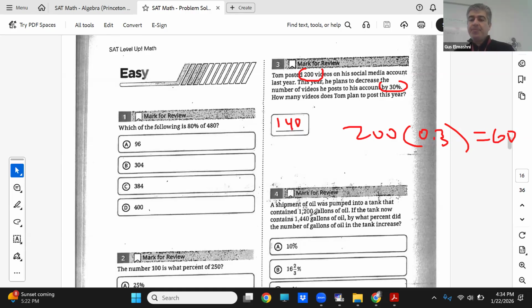For 4, you're told you start with 1200, you go up to 1440. The increase is 240. Always, when you're looking at percent increase or percent decrease, take the change, obviously, and divide by the original. You divide by 1200. Correct, because you want to see how you changed from that.